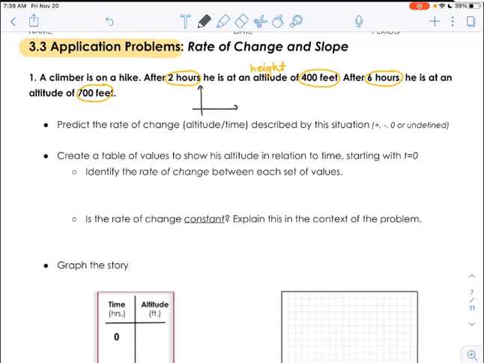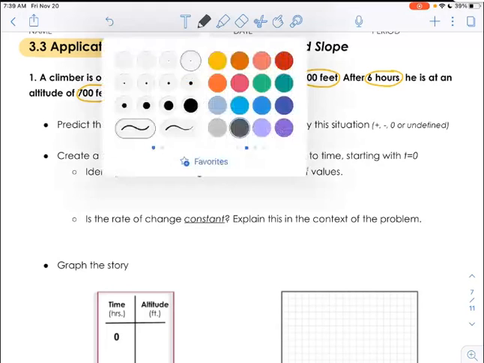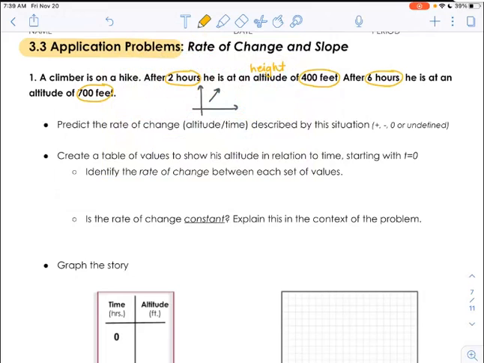He's at 400 feet, and then he's at 700 feet, so that seems to be going up. So that is what I'm going to write here, predict the rate of change. It's increasing, which means the rate of change, remember, that's another word for the idea of slope, is going to be positive. That's my prediction.